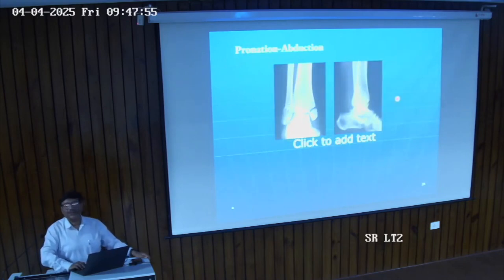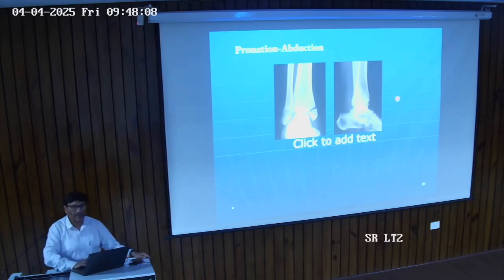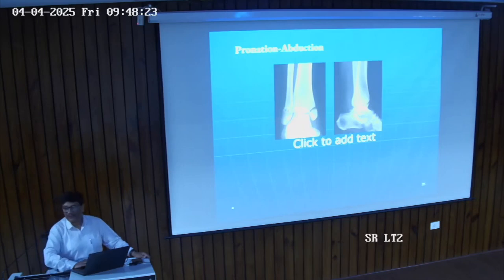Then there is pronation abduction injury. So here in pronation, the initial position of the foot is pronation, and then the force that is applied on the foot is an abduction force. So what will happen if there is abduction force? The medial structures will fail first, like this. This is a type of pull-off fracture of the medial malleolus, and then the lateral malleolus will fracture.